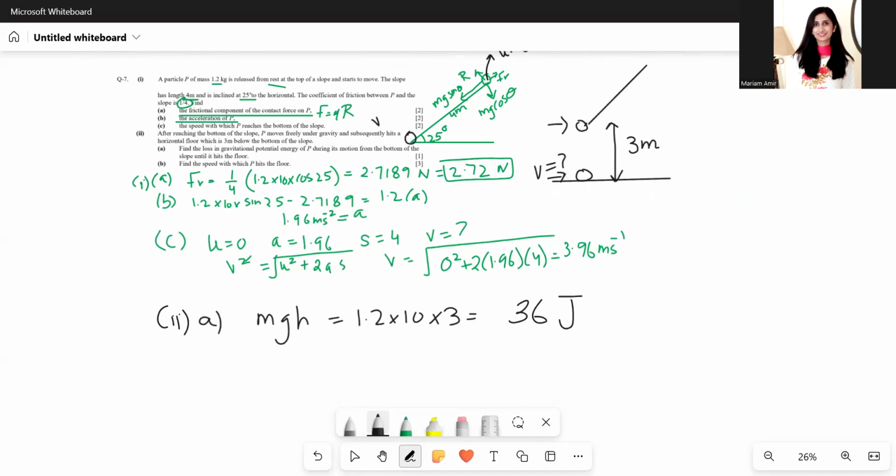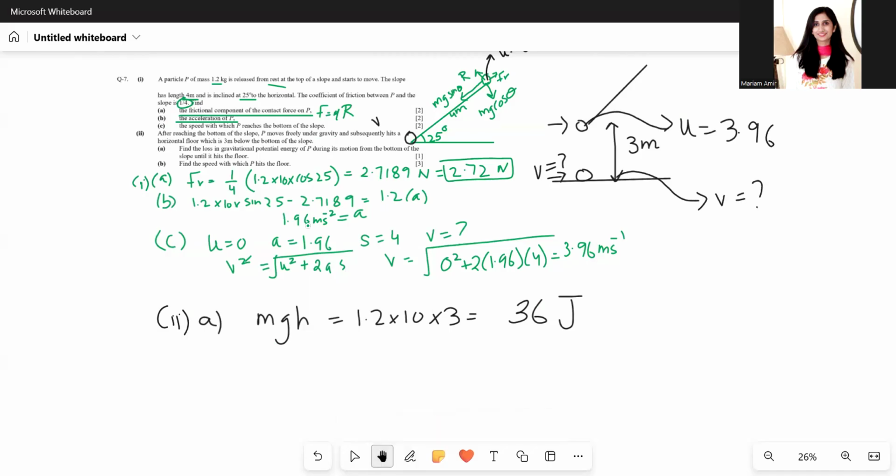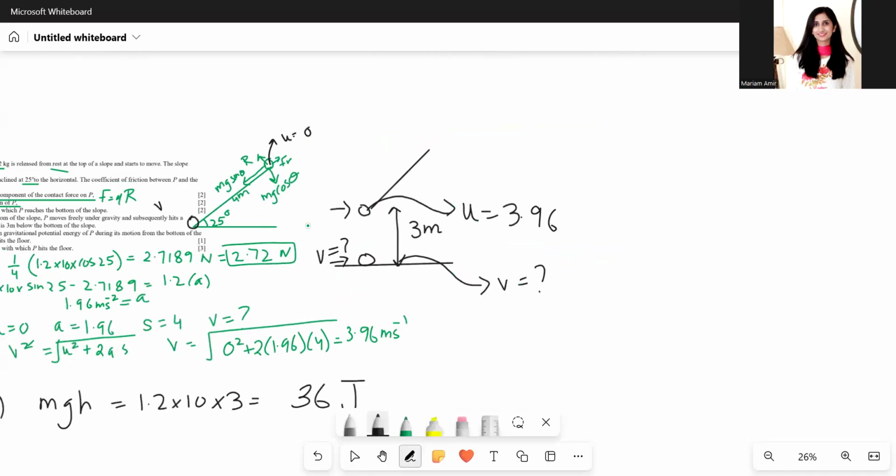We found a v here. That will now be u of the system. What was that? 3.96. And we have to find v here. v is equal to question mark. What else do we know? Yes, s is also known. And what is a? Yes, downwards, this will be the free fall acceleration, which will be 10.